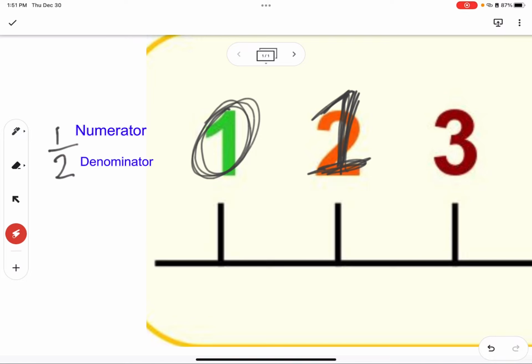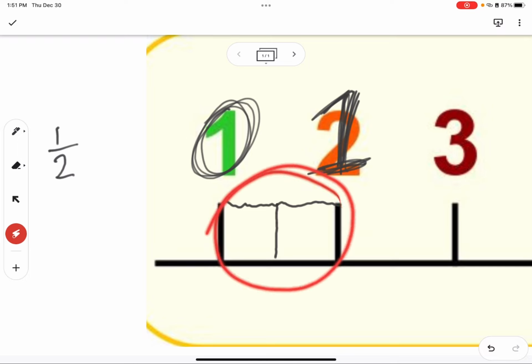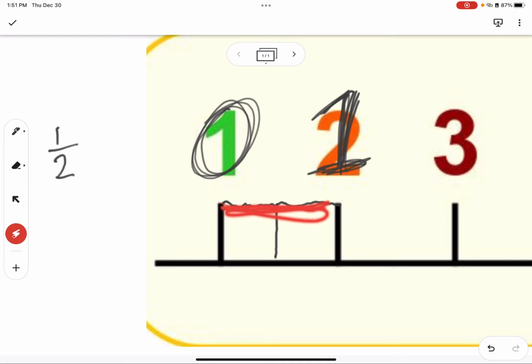If you're going to draw a picture, you'd figure out where the equal part is, right about here, and cut that. So now I have cut the whole, meaning the whole part between 0 and 1, into 2 equal parts, okay? So that's what the 2 means.